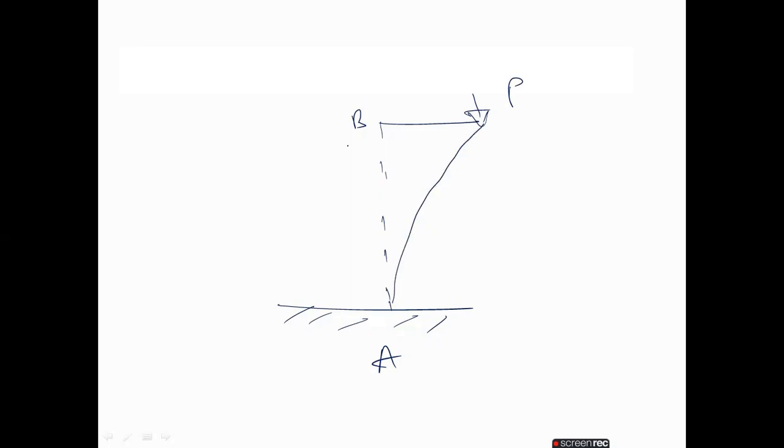Here there will be a deflection, we call it a, at the point B. And at the same time, if I consider a section XX from the base, here also there will be a deflection, we call it Y. The total length of the column is L. AB is the original column position, but when the crippling load P is acting, AB dash is the deformation of the column.